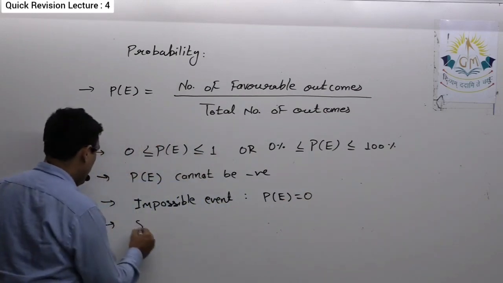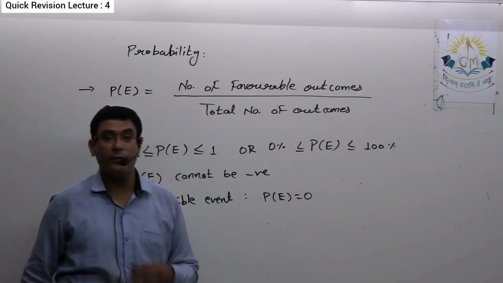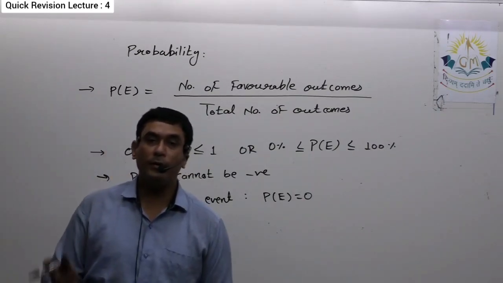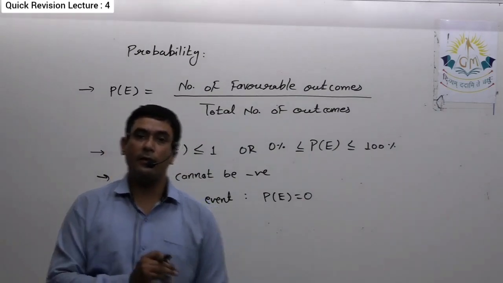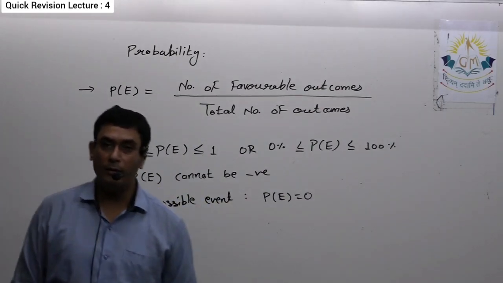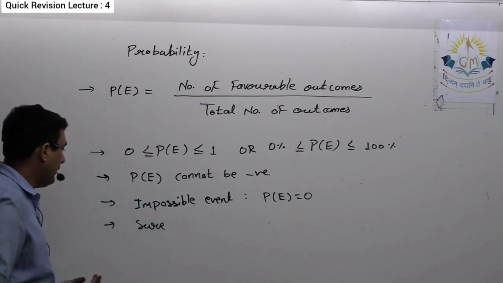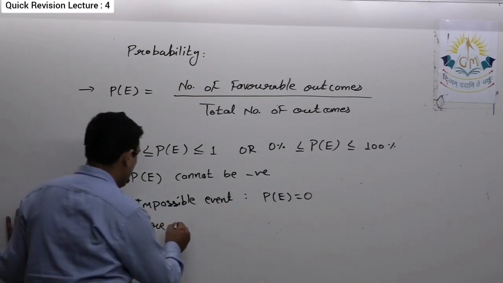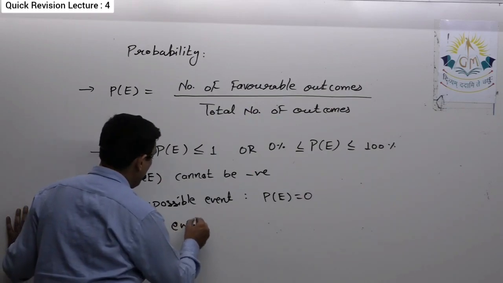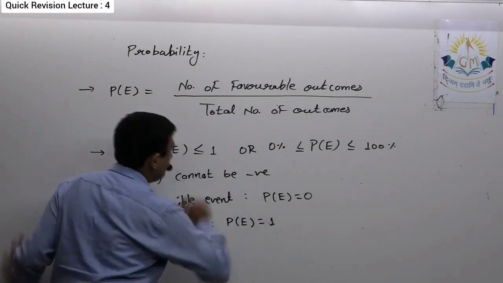Now the probability of a sure event, one that will definitely happen. The probability of getting a number less than 7 on a throw of a dice: definitely it will be less than 7. Might be 1, 2, 3, 4, 5 or 6, definitely it will be less than 7. So that is called the sure event, and for a sure event the probability is equal to 1.